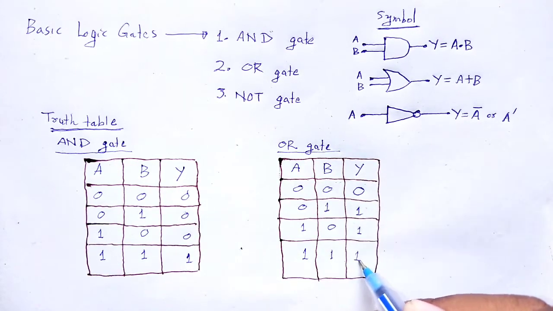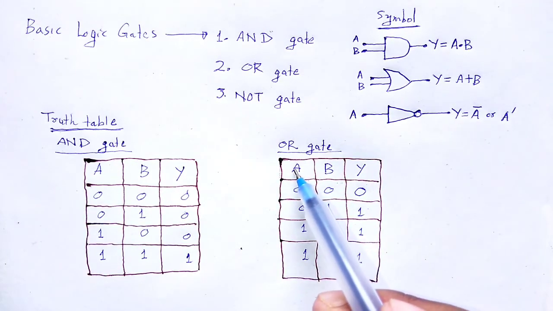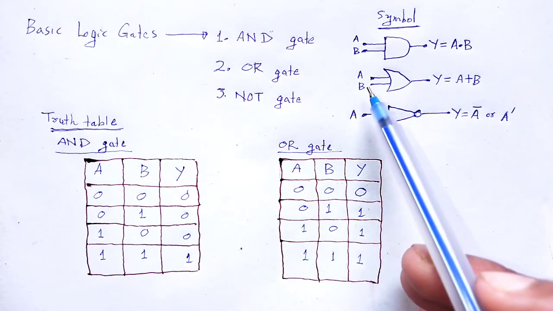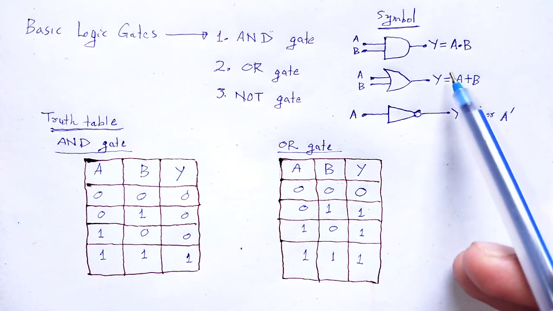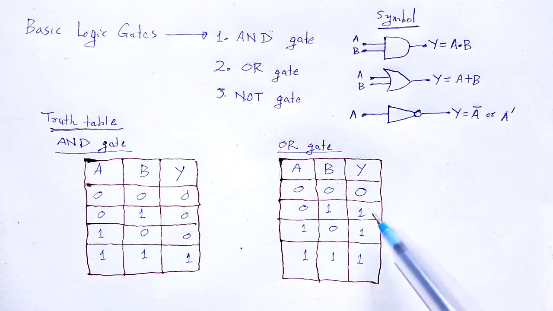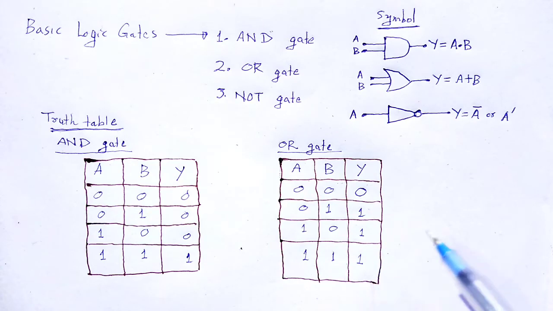When A is 0 and B is 0, then the output A or B is 0. Otherwise, in all the situations it will be 1.